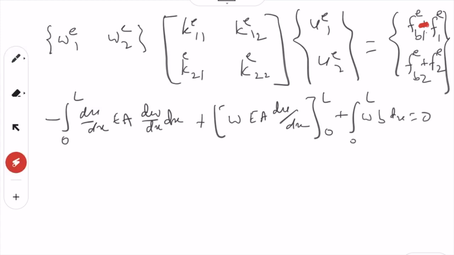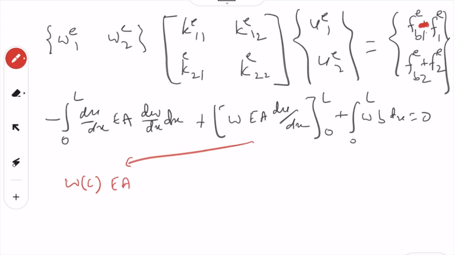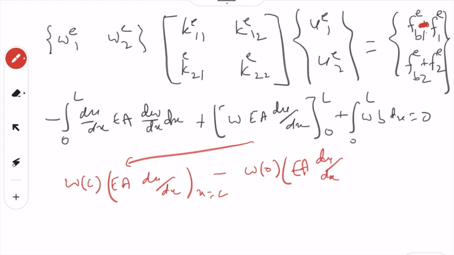So, if you see here, L will come here, then this one we know that Ea, so expand this one, right. So, look at this one. What will it be? W L Ea du dx at x equal to L minus W 0 and Ea du over dx at x equal to 0. So, what you will see, both will have opposite sign.